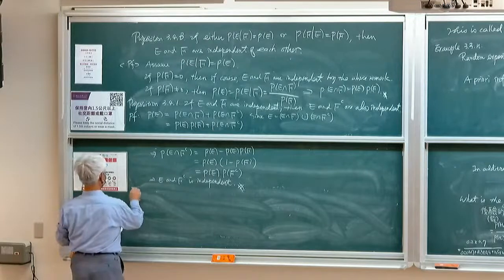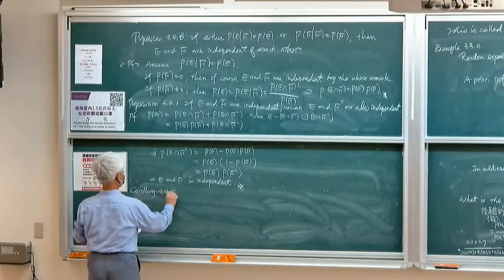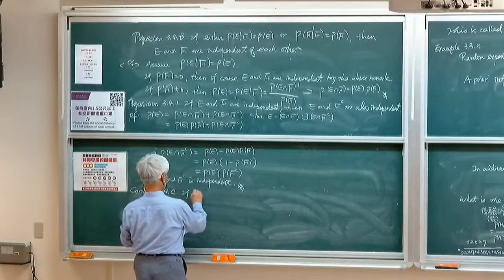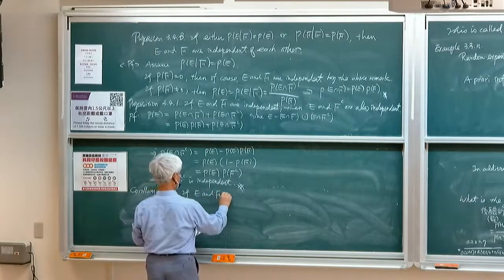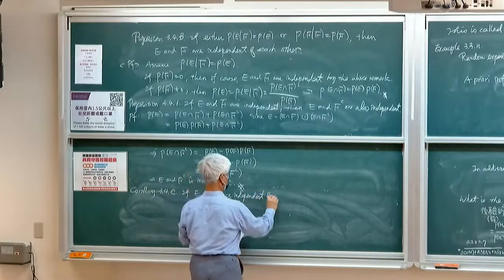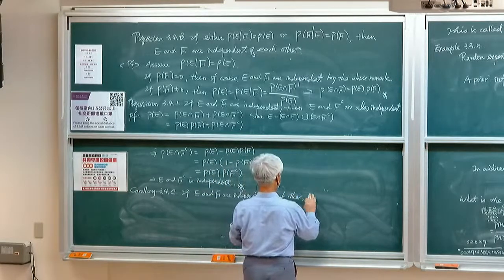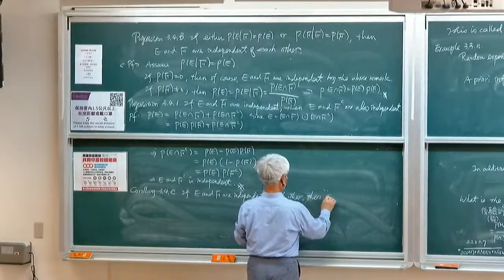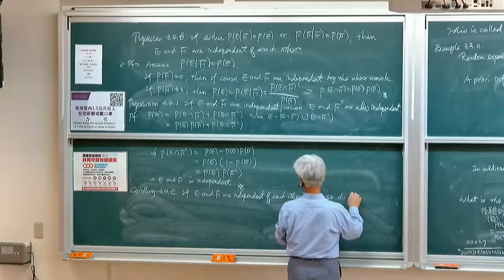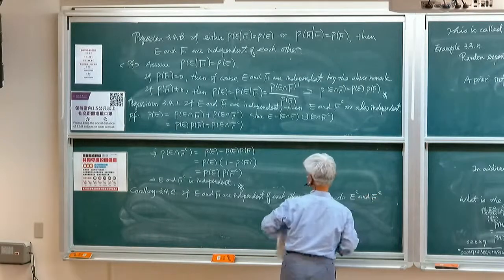Right. Now corollary 3.4.C, supplemental corollary. If E and F are independent of each other, then so are E complement and F complement.